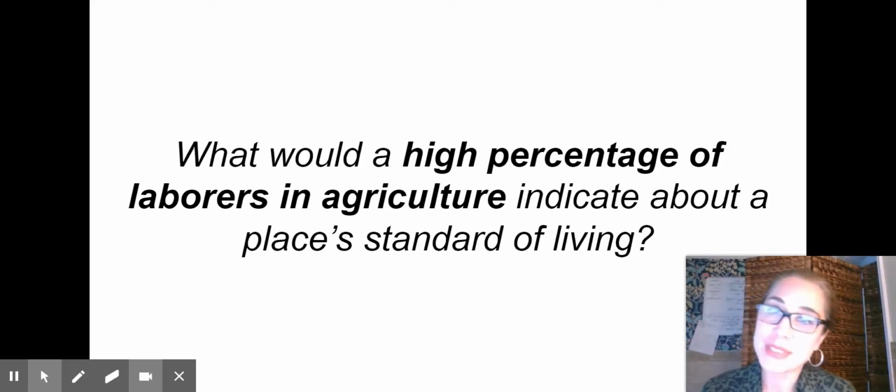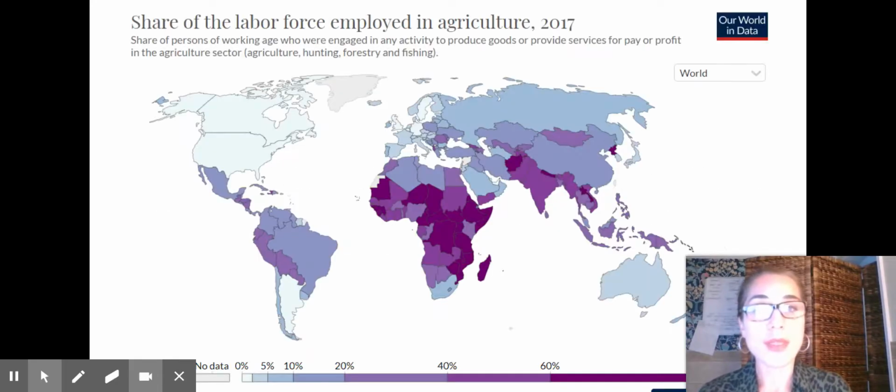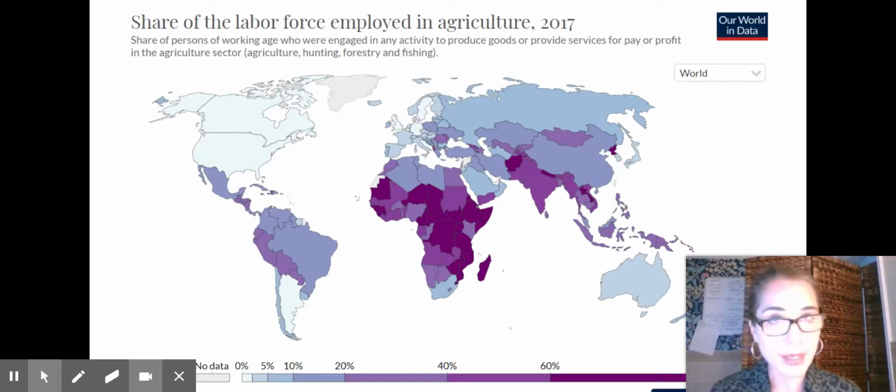What would a high percentage of laborers in agriculture indicate about a place's standard of living? Now, one thing I want to talk about real quick when we think about labor force in agriculture, think about the pressure that puts on that place to have children who can work the land with the family.